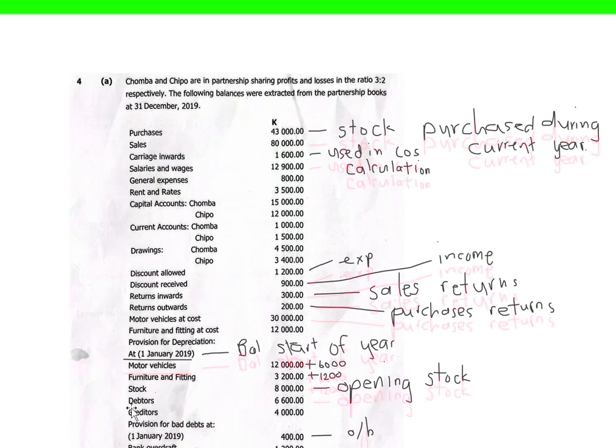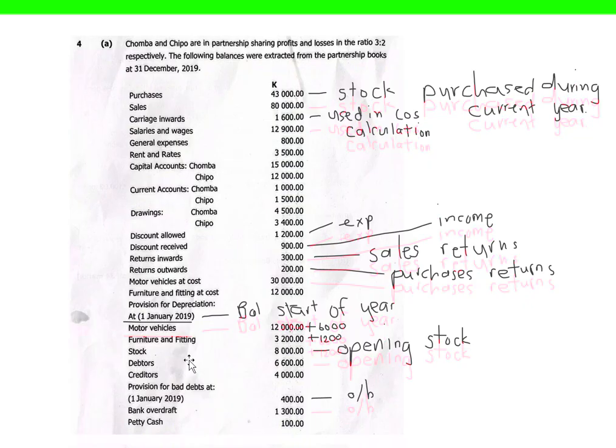Then debtors, 6,600. We're going to use that to calculate the provision for bad debts on debtors, and we will see there's a balance there for creditors as well, and a balance for provision for bad debts.